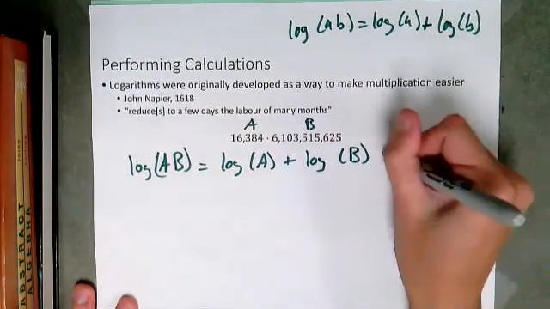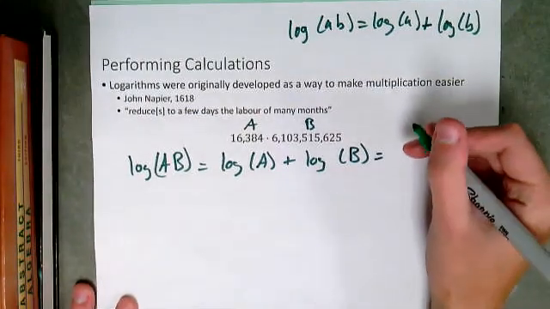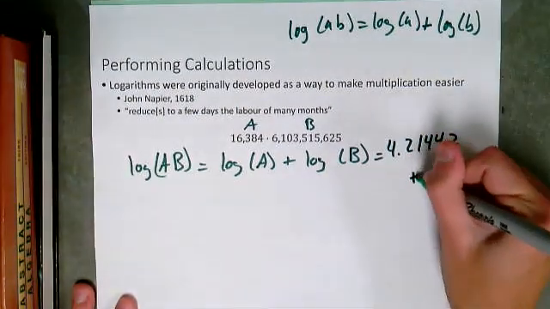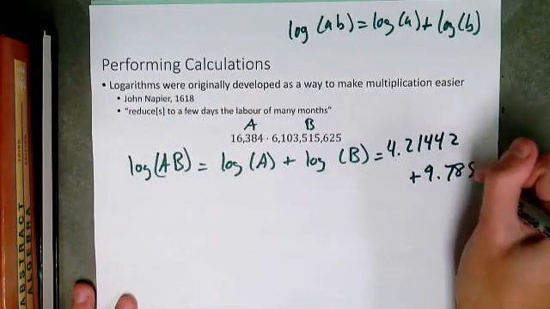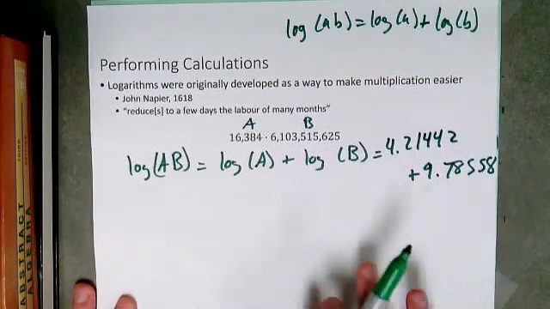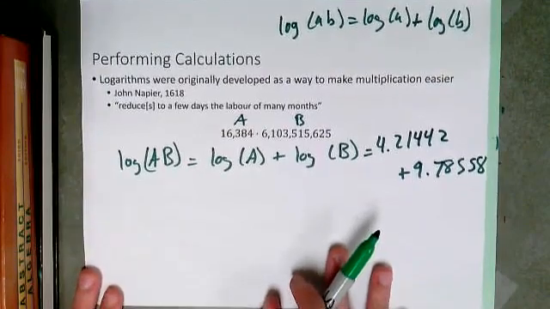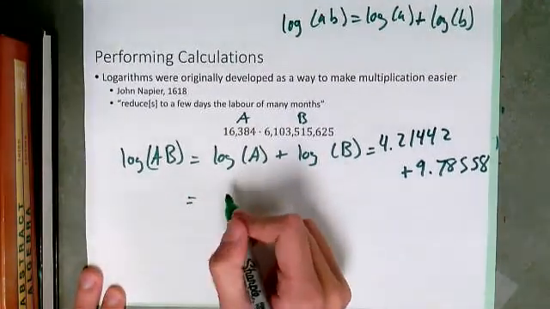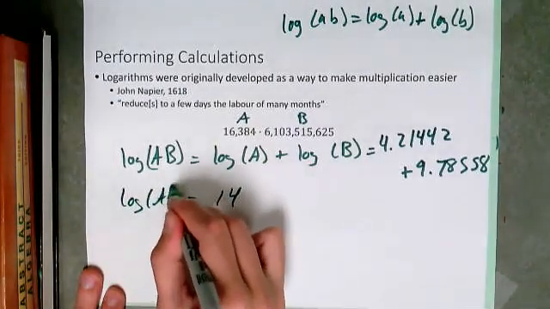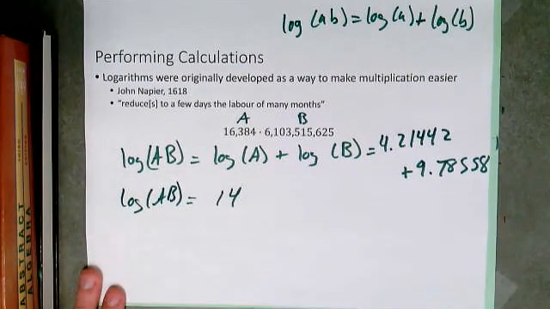Now, log of A, log of B, this is equal to 4.21442 plus 9.78558. Now add these two things up, adding is a lot easier than multiplication half the time. This is equal to 14, roughly, log of AB. Or is it directly? No, that's actually equal to 14. That's a 2, 1 carries over.